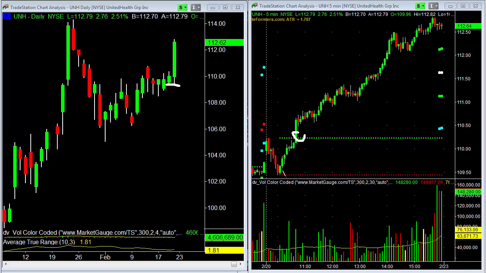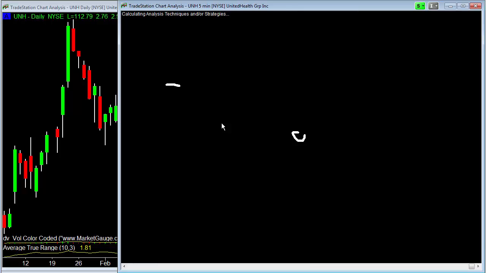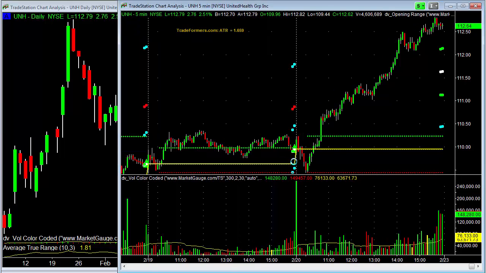Here we see on the 5-minute chart, the red line is the opening range low.